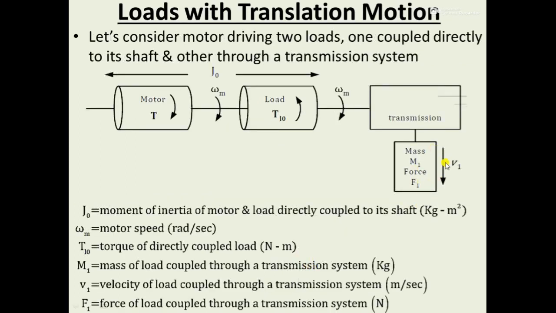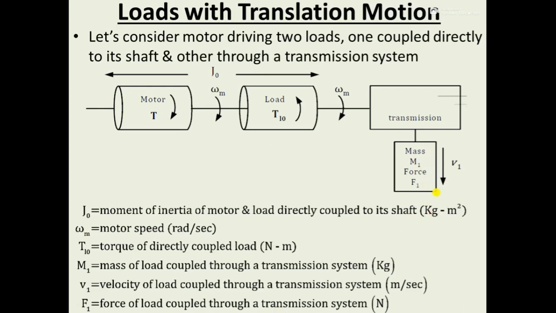The power output of this mechanical translational system is usually written as F1 into V1, that is force into velocity, just like the relation for power in a rotational system, torque into omega.